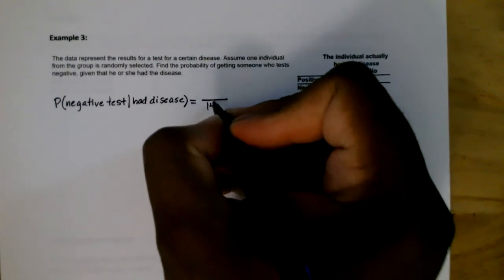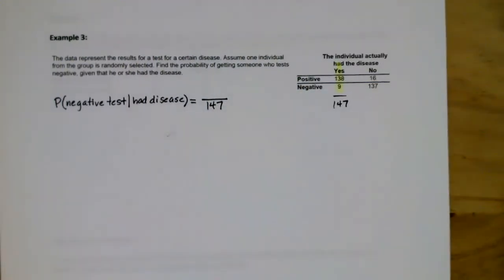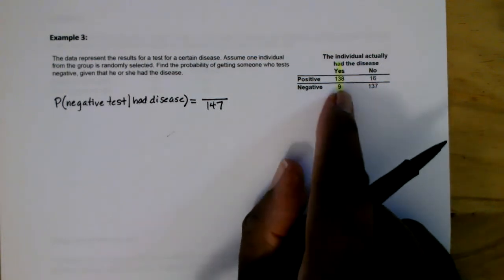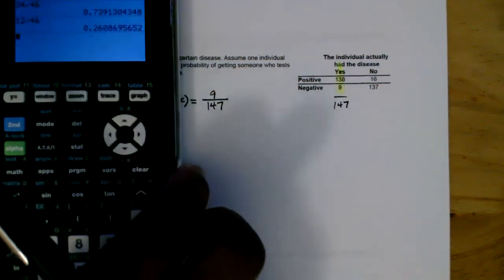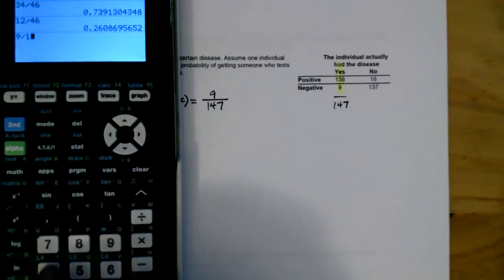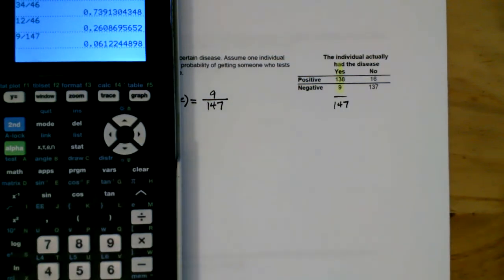So 147 total had the disease. That's your denominator. And out of that 147, how many had a negative test? It will be 9. So it'd be 9 divided by 147. To 3 decimal places, that would be 0.061.